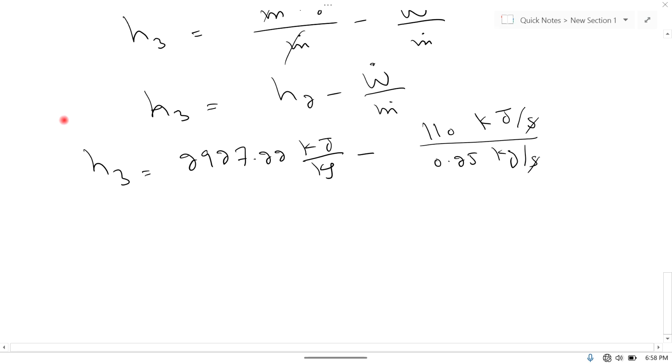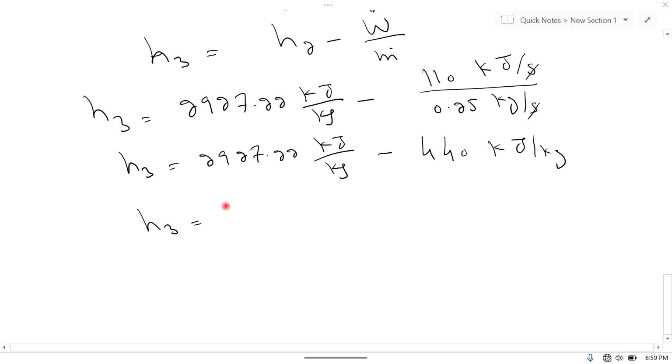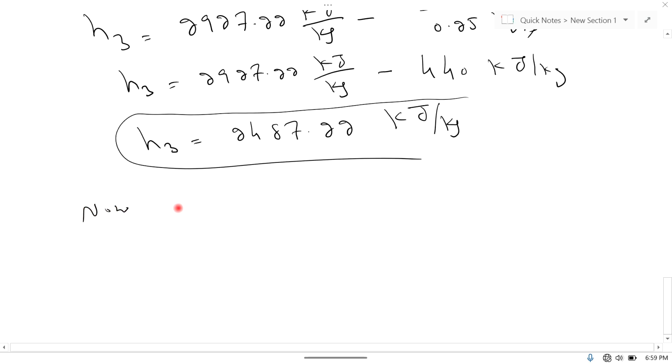So H3 is equal to 2927.22 kilojoule per kilogram minus 110 divided by 0.25, which is equal to 440 kilojoule per kilogram. So H3 is equal to 2487.22 kilojoule per kilogram.